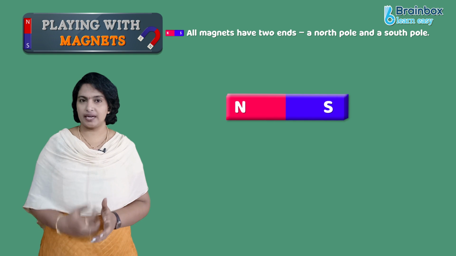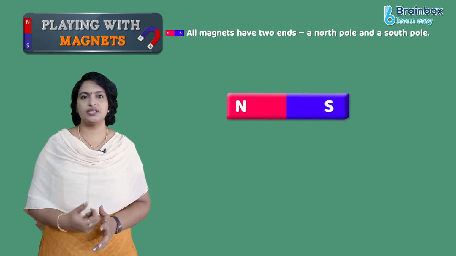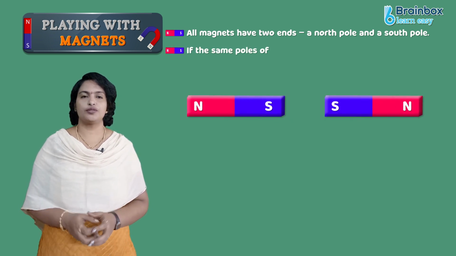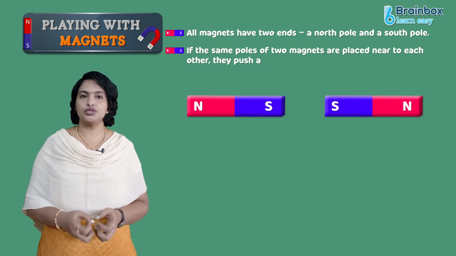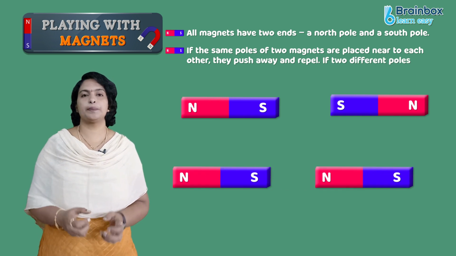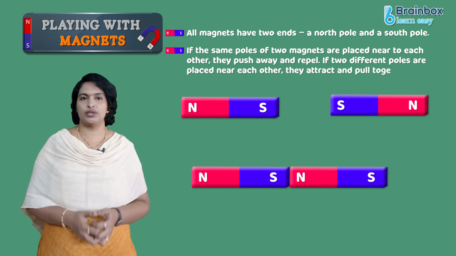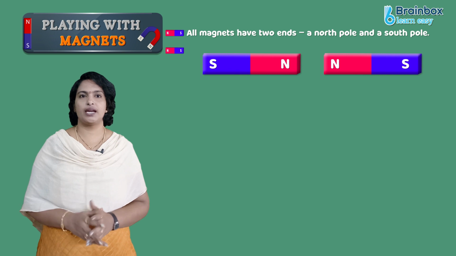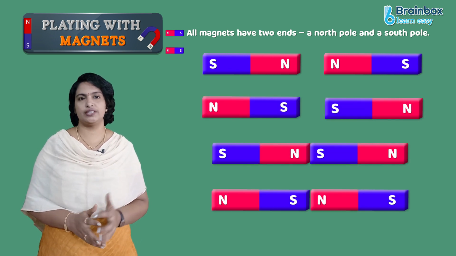Magnetism either attracts magnetic objects or repels these magnetic objects. If the same poles of two magnets are placed near each other, they push away and repel. But if two different poles are placed near each other, they attract and pull together. Now, take two similar magnets and place them in four different directions shown here.